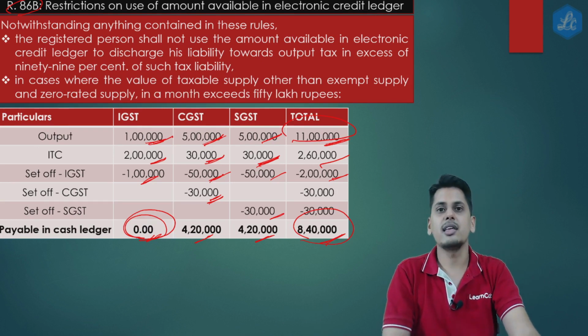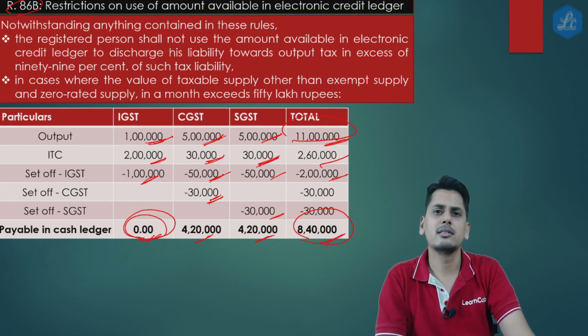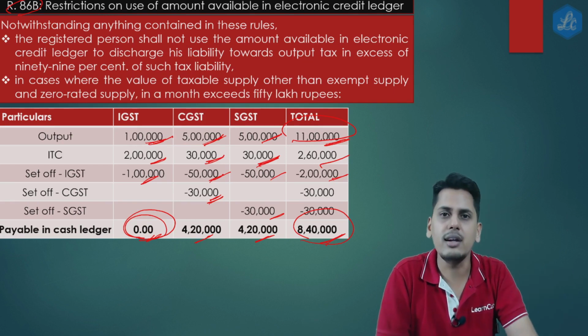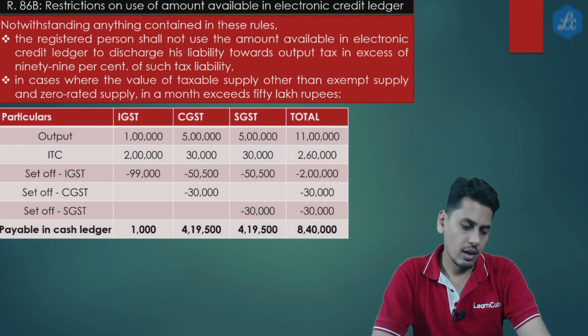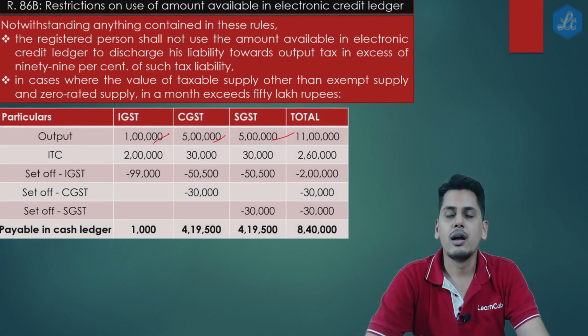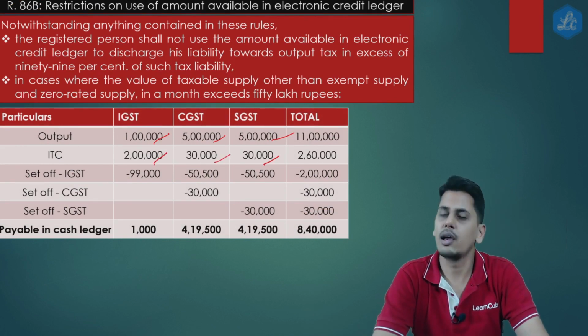The registered person thinks about what needs to be done. He says, never mind, you want to apply it differently? I will apply it for you. Let's go. My output tax is 1 lakh, 5 lakhs and 5 lakhs. ITC which is available is 2 lakhs, 30,000 and 30,000. Agreed? Agreed.